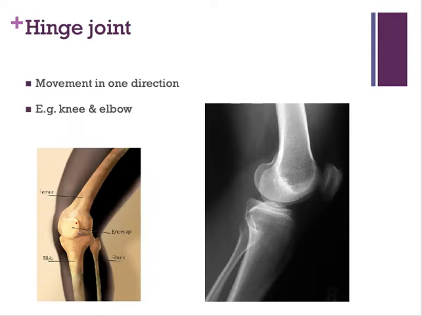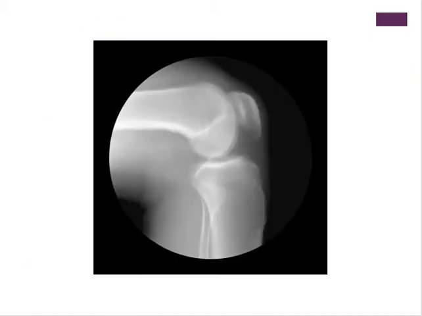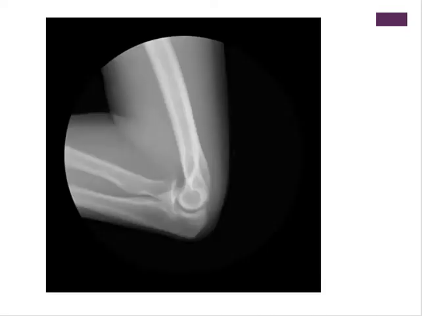Here's a hinge joint in your knee, and the hinge joint, as we said, will allow movement in one plane only. So you can move down the leg or you can move up the leg like this, but you can't at the knee move it to the left and right. There's some X-ray imagery of your hinge joints. There's your knee.